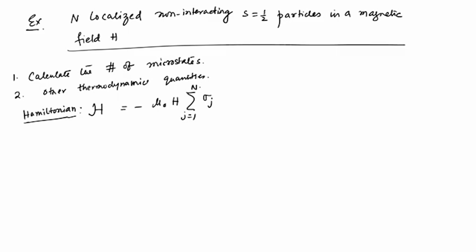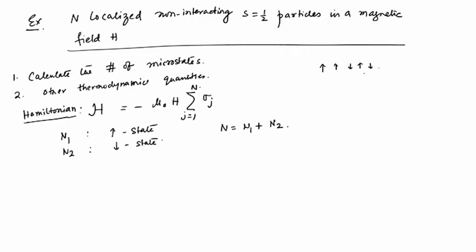Now, what happens is that in order to calculate this number of microstates, you have to understand that out of N, there are N1 number of particles which are in the up state and N2 number of particles which are in the down state. Okay. And so, total N is equal to N1 plus N2, and even in these N1 particles you have, suppose you have an up, down and so on.